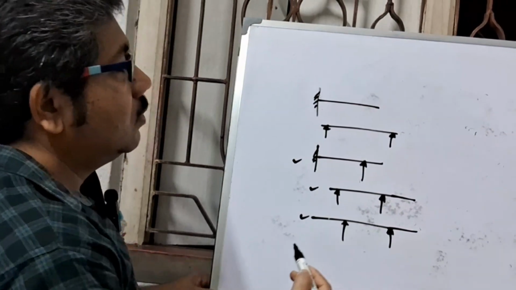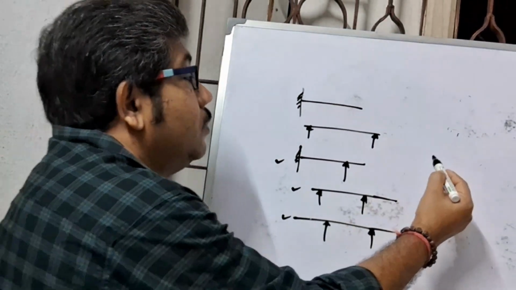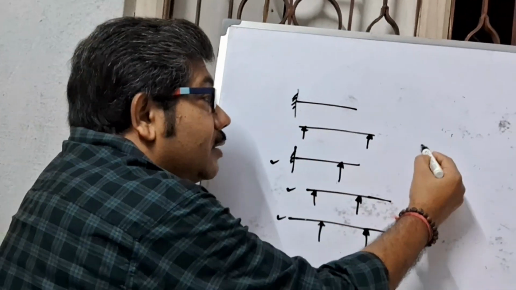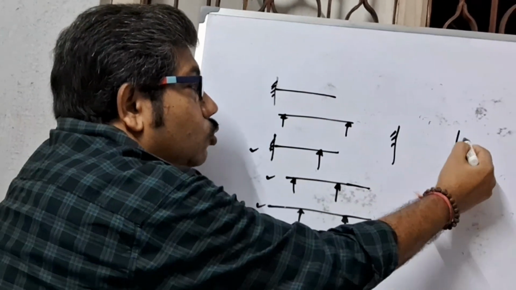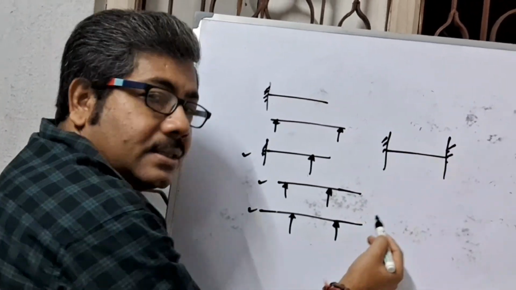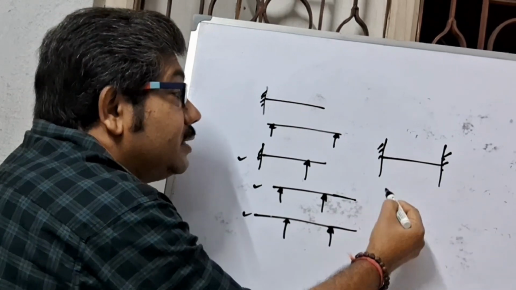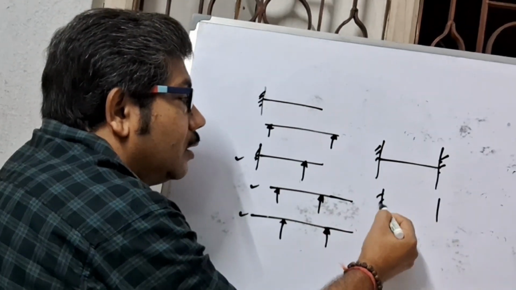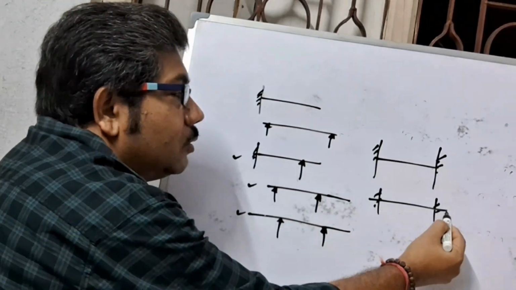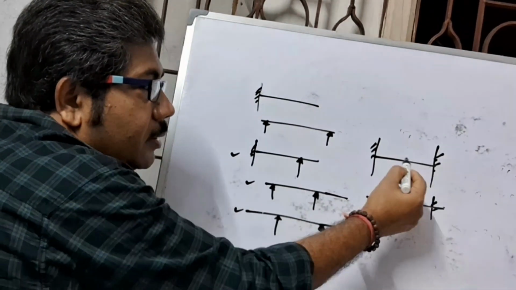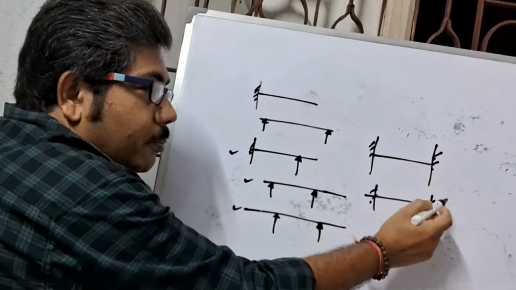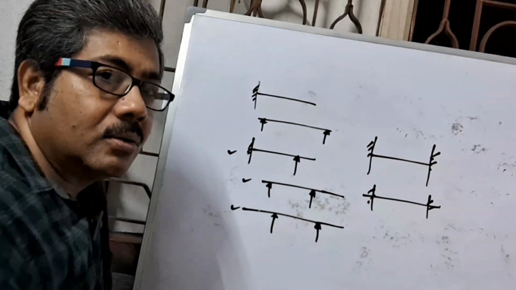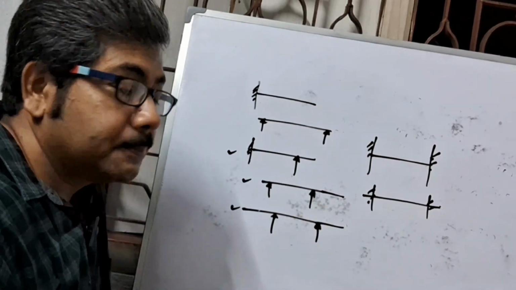Now a beam whose both ends are fixed or built into a wall. Fixed at both ends or built-in wall. This is called rigidly fixed beam.